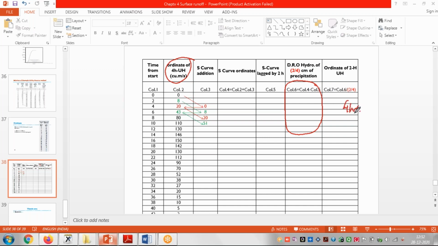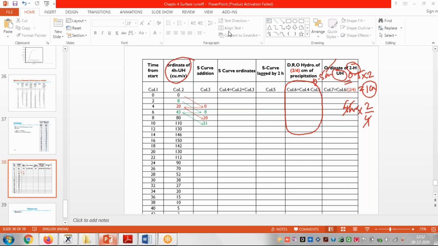And if it is multiplied by 2 by 4, the 4 will be cancelled, and this ordinate is for 0.5 centimeter rainfall. When 0.5 is multiplied by 2, we get 1 centimeter depth. So the unit hydrograph will be 2 hour and 1 centimeter rainfall depth.